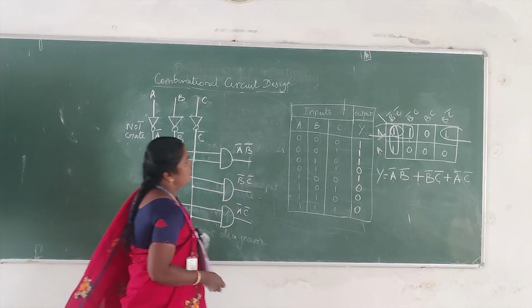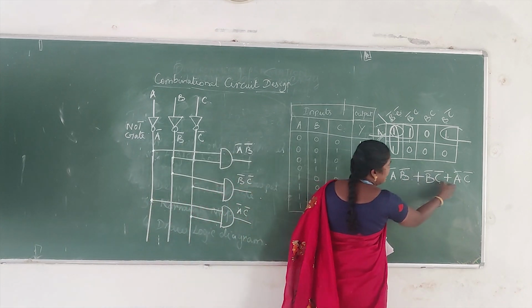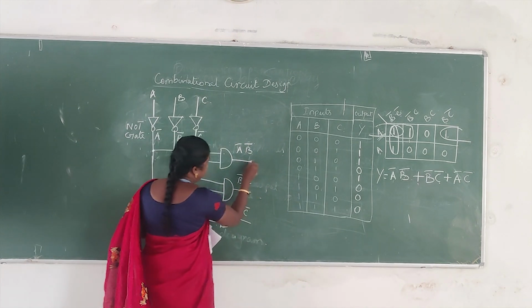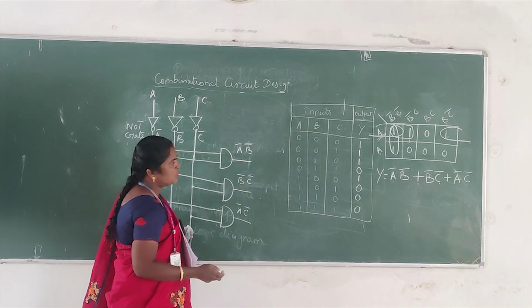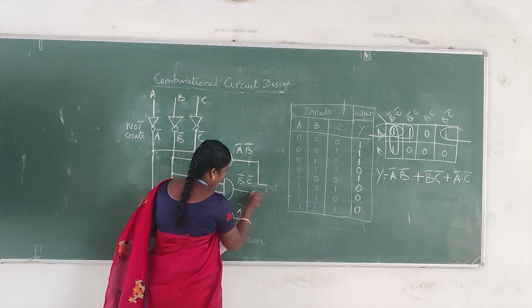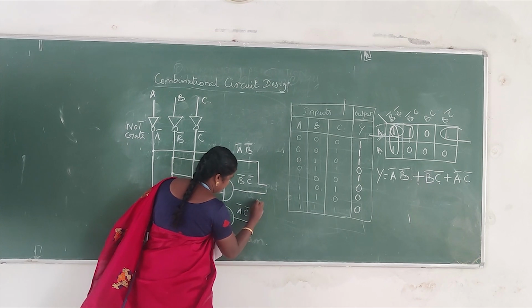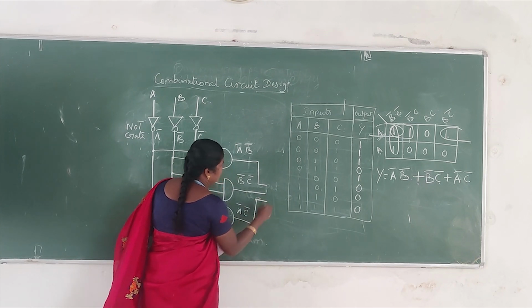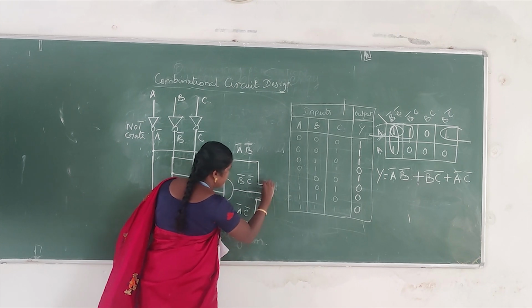The three terms are added by the use of an OR gate. The OR gate is used to add the Boolean expressions. Three input OR gate. So, the OR gate symbol is like this.